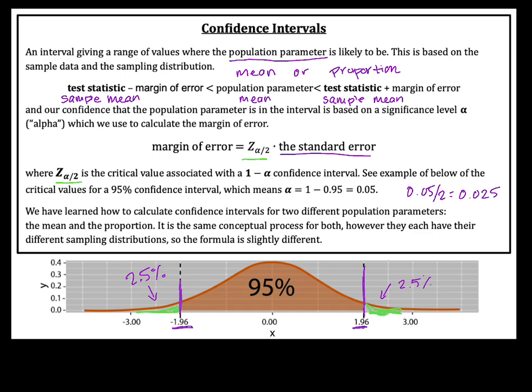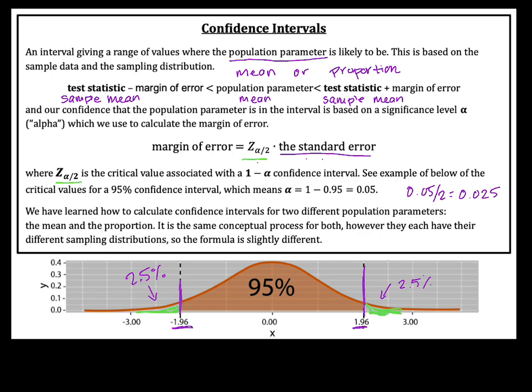All right, so it's going to be the same process for the mean and the proportion. We find this critical value and we calculate the standard error, which we have learned to do previously, and we multiply those together and then add them and subtract them from the test statistic.